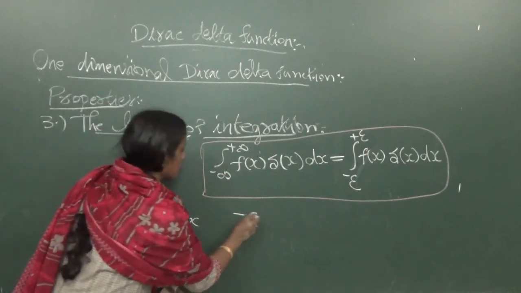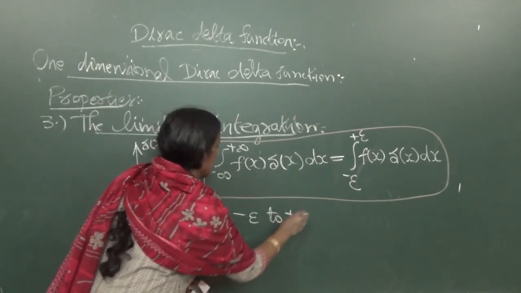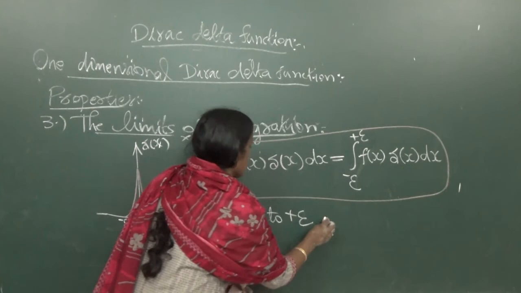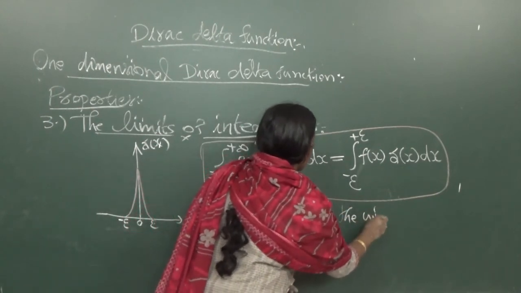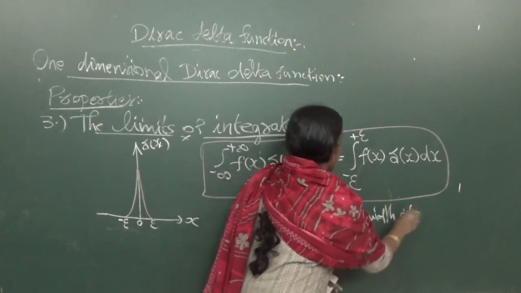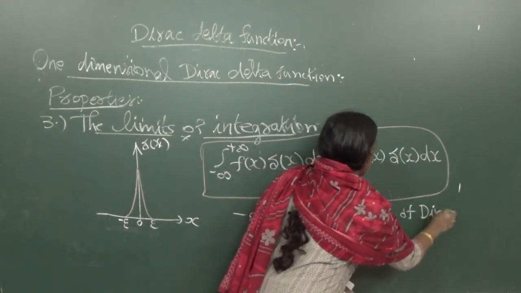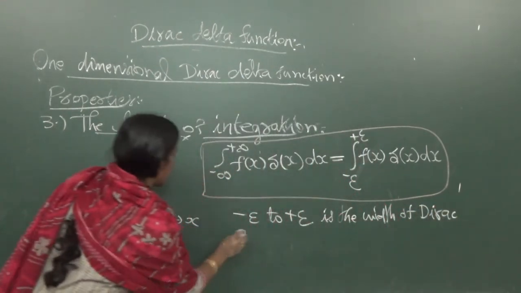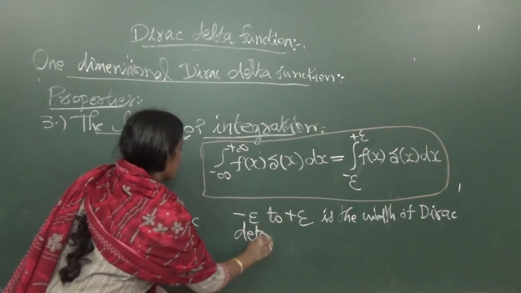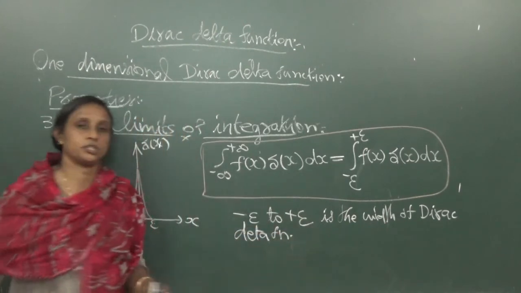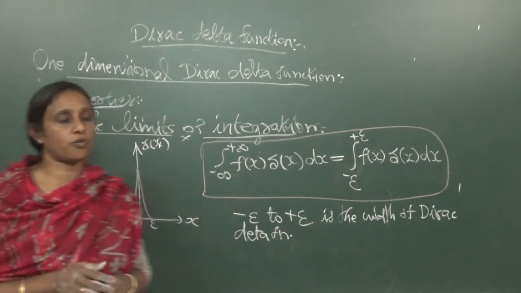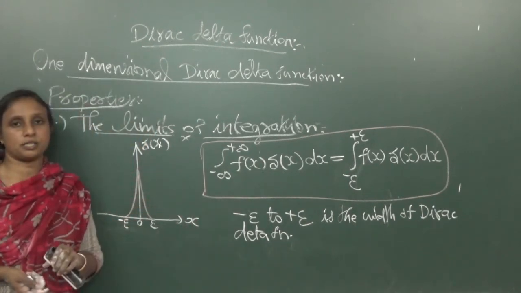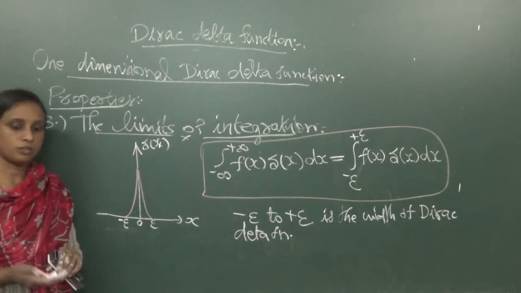Okay, minus epsilon to plus epsilon is the width of the Dirac delta function. These are the peculiar properties of Dirac delta functions.